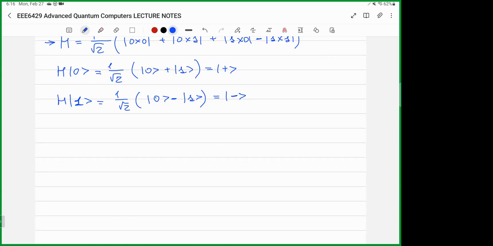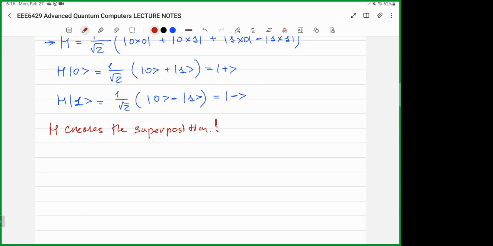So the Hadamard gate creates the superposition. Yeah, which is a pretty important fact.